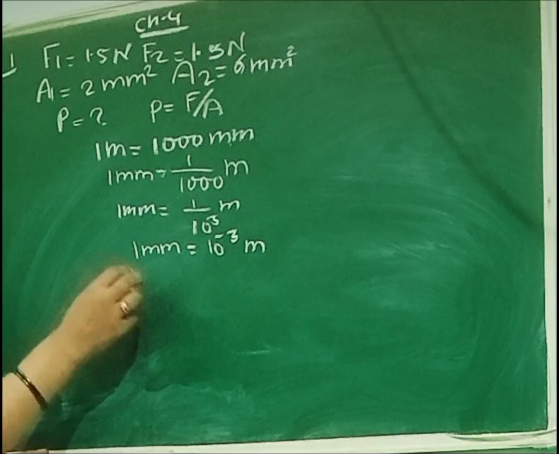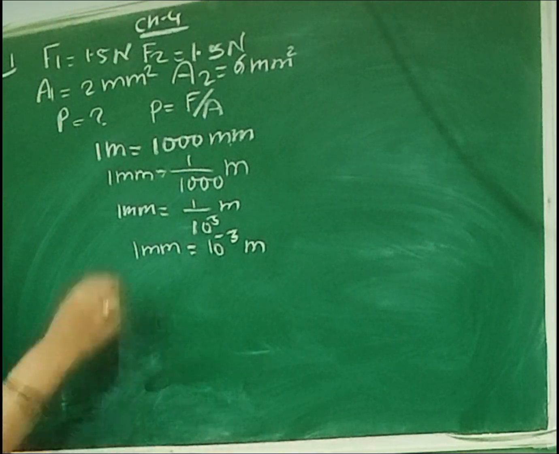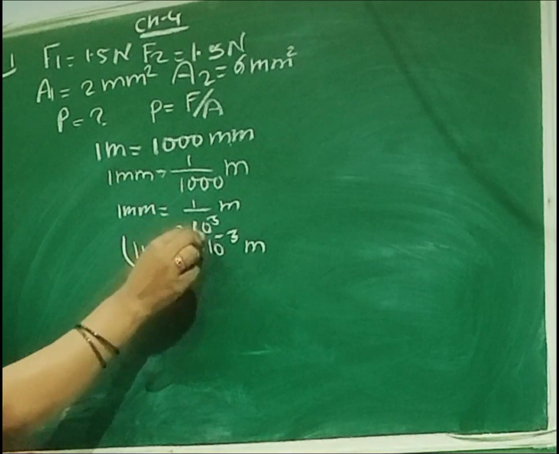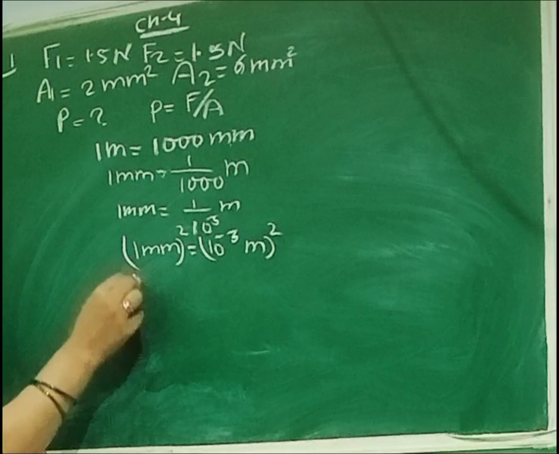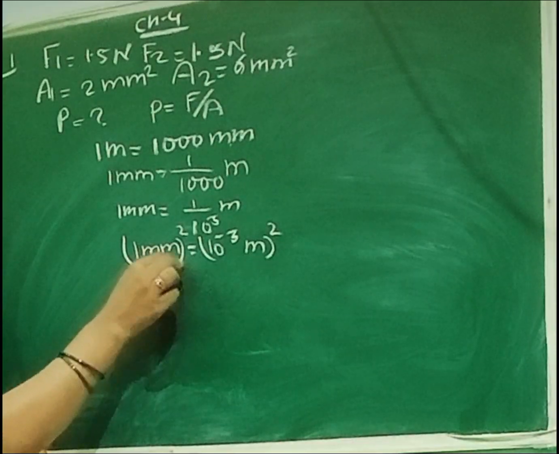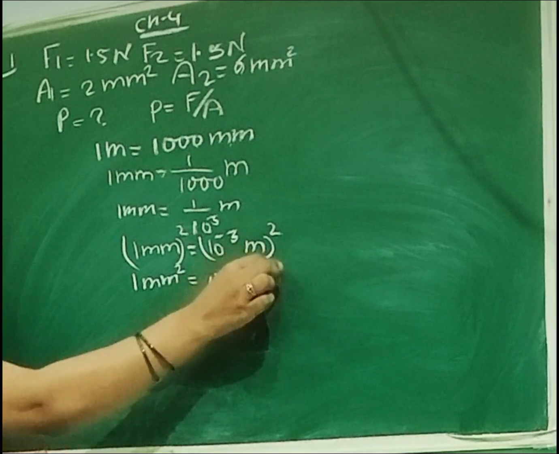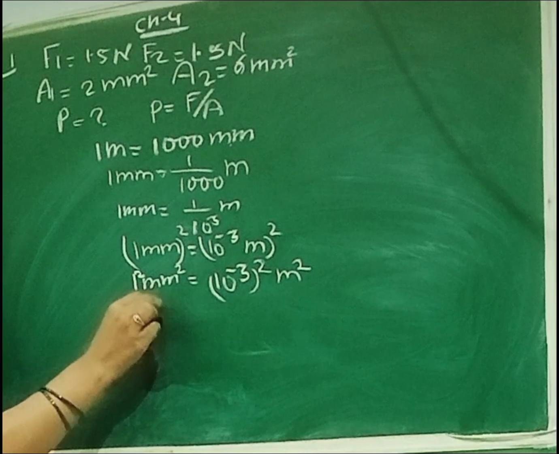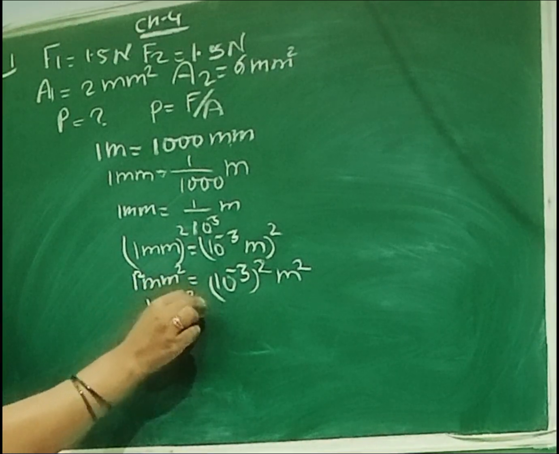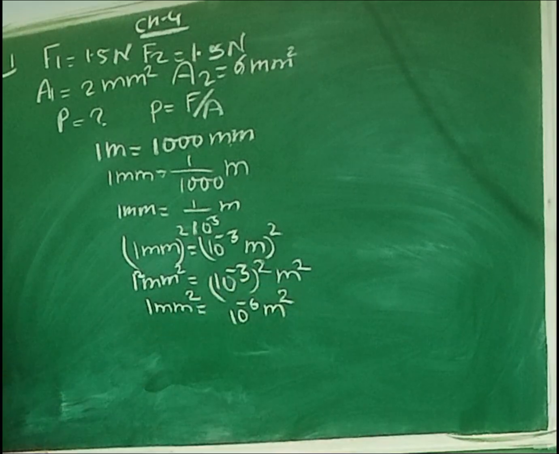ठीक है. Now you need to find out millimeter square into meter square. For that what you will do, you will square both the sides. ठीक है, तो ये हो जाएगा 1 millimeter square is equal to (10 to the power minus 3) whole square meter square. यहाँ 1 का स्क्वायर 1 ही आएगा. 1 millimeter square is equal to 10 to the power minus 6 meter square.